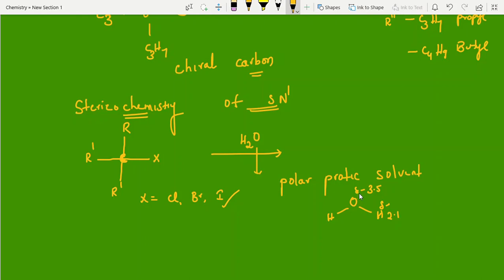In such a way we get a partial negative charge here and a partial positive charge here. This we call polarity. Protic is nothing but it is giving a proton. Polar protic solvent: water. And the next ones, as explained in the previous video, methyl alcohol, acids, all these are polar protic solvents.